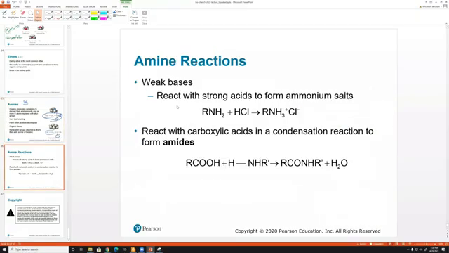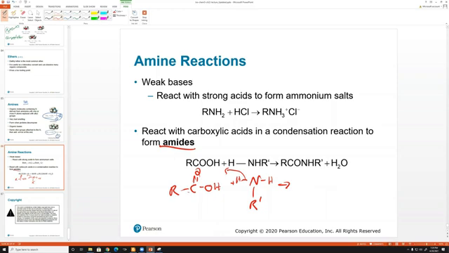So then the last thing is amines can react with carboxylic acids. And what can they make? They can make a new functional group that the chart in the slides forgot to mention called an amide. So let's say we're adding a carboxylic acid to an amine, and this is R prime and this is R. And then what's going to happen is this hydrogen will go away.